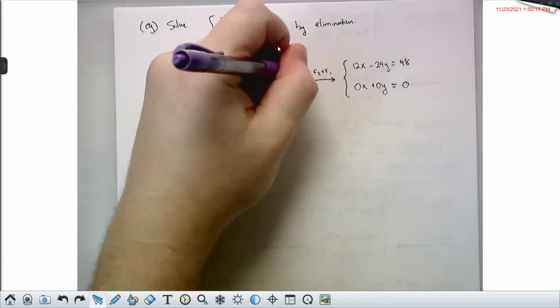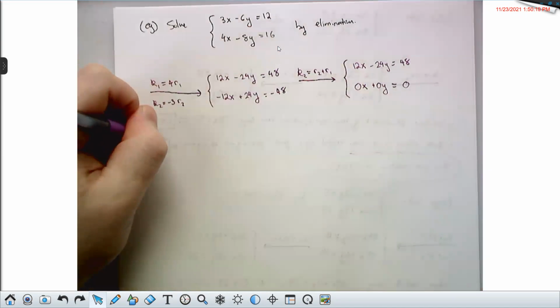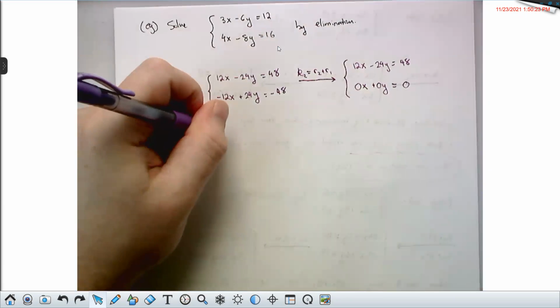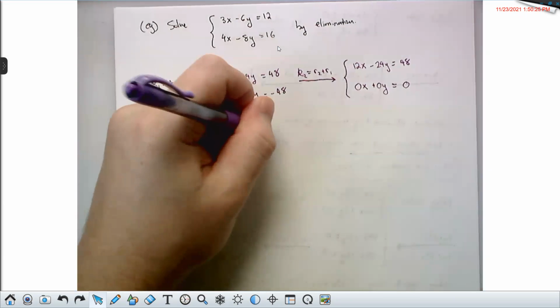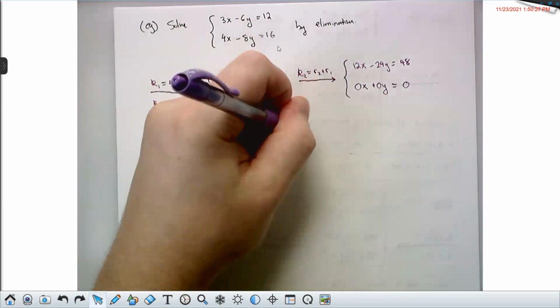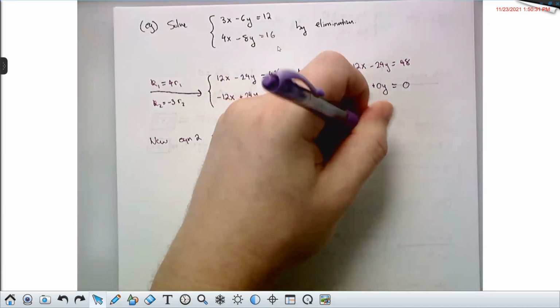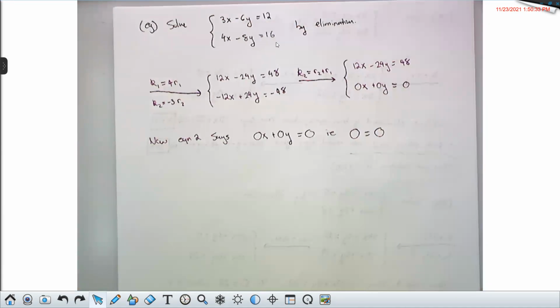And that second equation says just 0 equals 0, right? 0x is 0, no matter what x is. 0y is 0, no matter what y is. So this equation just says 0 equals 0.